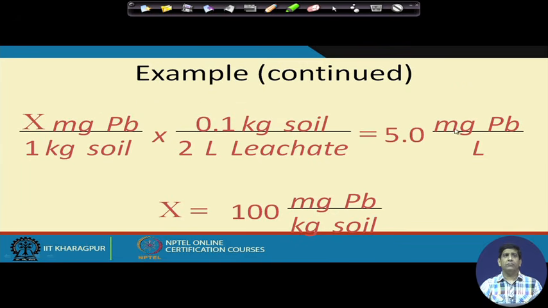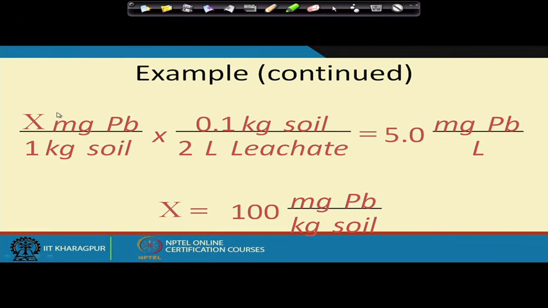Here, the question was, how much milligram of lead could be there in that lead-based contaminated debris? What is the maximum concentration that the lead-based debris soil sample can have so that it will not fail the TCLP test, that is, so that it will not be a toxicity characteristic hazardous waste for lead?